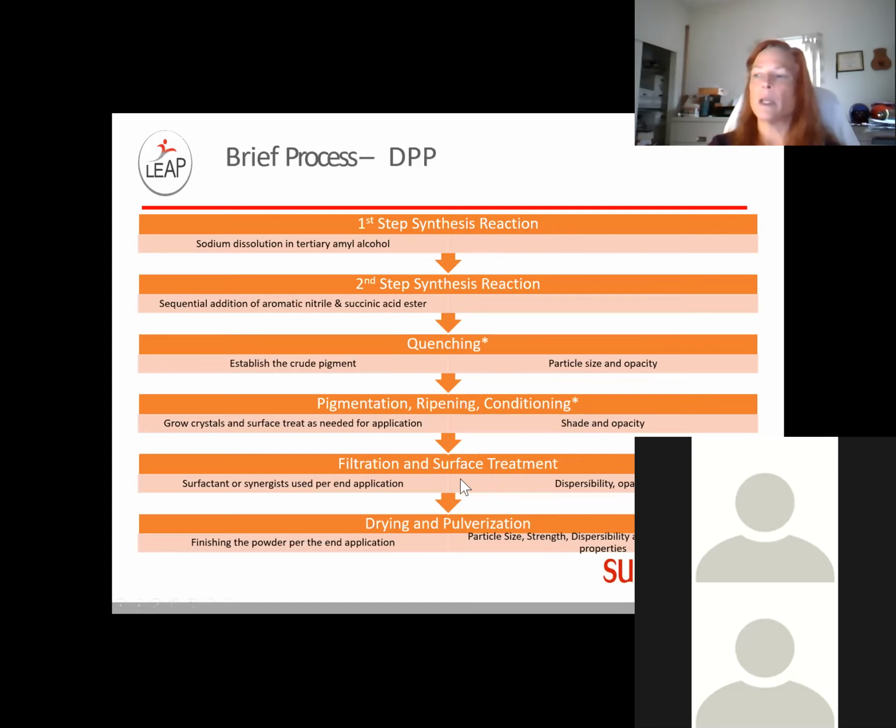For DPP chemistry, either surfactants or synergists are used as surface treatment, and these then result in the dispersibility properties and opacity that you're looking for. And then, of course, the final step would be the drying and pulverization of the final pigment product. And those are defined by the end application. That'll give you the appropriate particle size and strength, as well as dispersibility and other physical properties of the performance based on the application required.